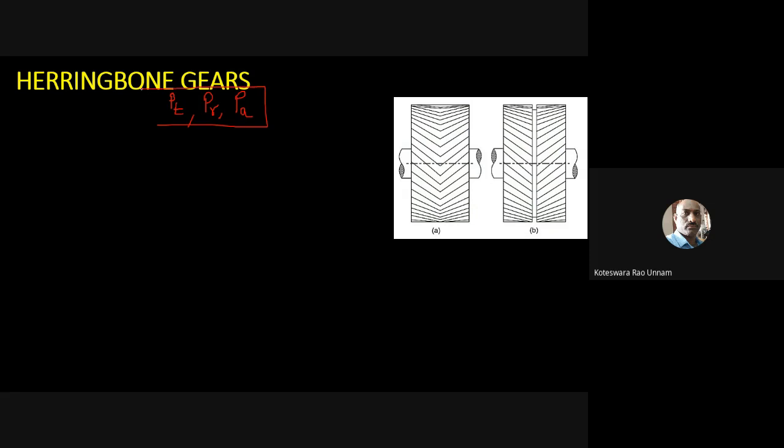In the case of a spur gear, you have only PT and PR. You don't have any axial load. This axial load we'll call a thrust load also. And this thrust load will create large reactions on the bearings.